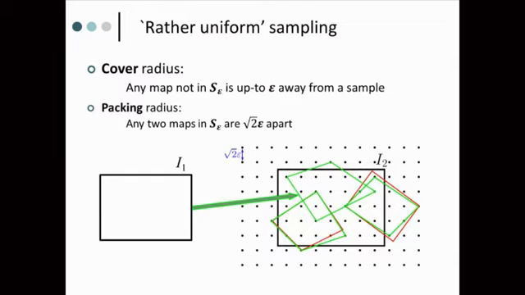One other thing is that maybe a nice thing about this sampling is that it's rather uniform in the space of homographies. And when I say uniform, I mean uniform with respect to this distance between transformations that I define. So you can measure here also the cover radius and the packing radius of this cover, which are not very far apart.